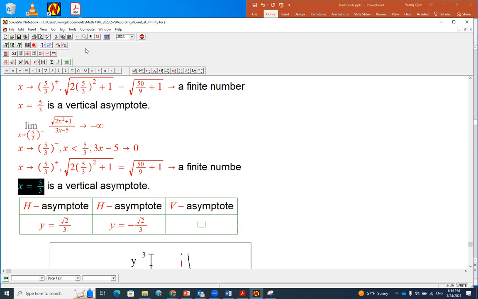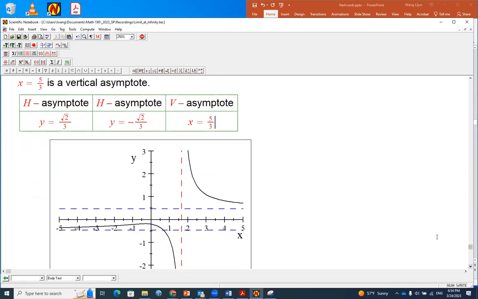And the vertical asymptote is right here. We're going to make some pointers so you can see who they are. The vertical asymptote is the red, the horizontal ones are blue. This piece goes here and that piece goes there. I hope that's clear.